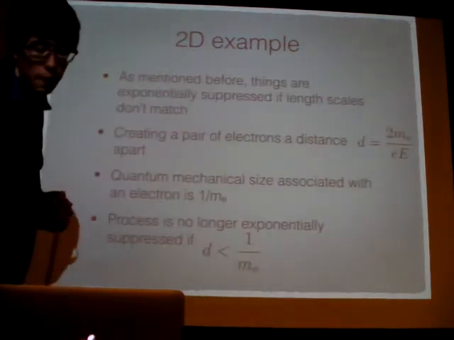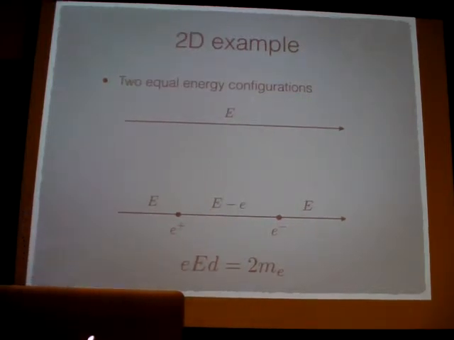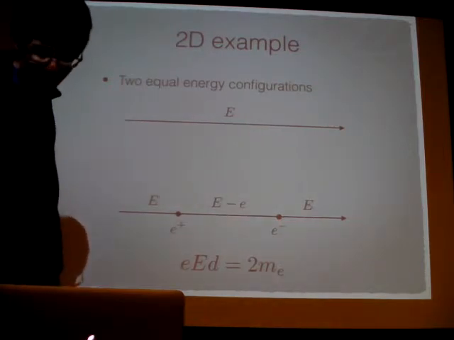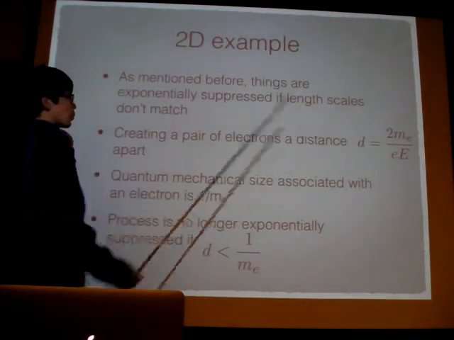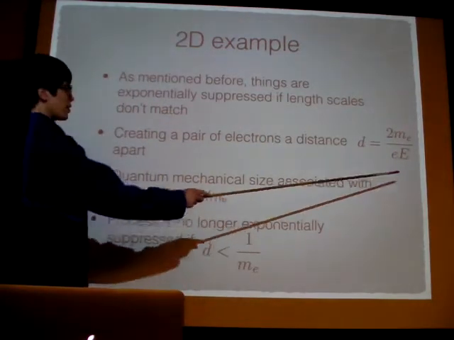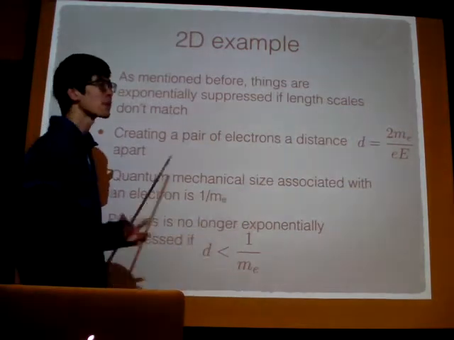But this is without the milli-charge. This E can be whatever number you want. So I'm just going to choose it to be, in the case of magnetic field, an epsilon. The length scale here associated with Schwinger pair production is just the mass over the electric field, and when epsilon is important, it'll be important that the epsilon appears here.